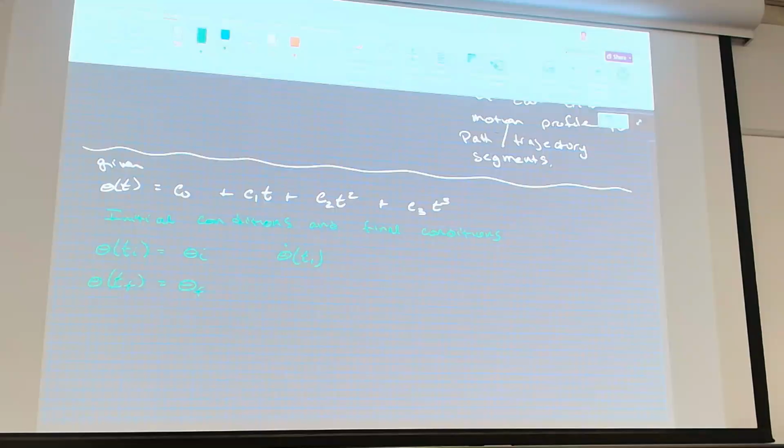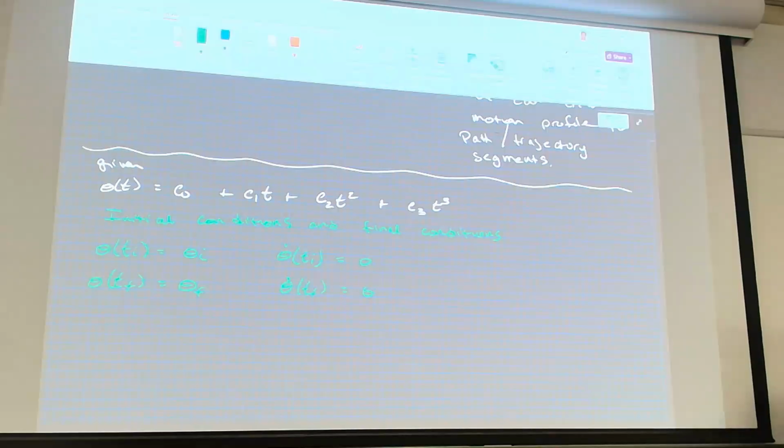So in this case, we're going to say that our theta dot initial at the initial time is going to be 0 degrees per second. And we're going to say that our theta dot at t final is also going to be 0. In other words, we're not moving. We're going to come to a rest.